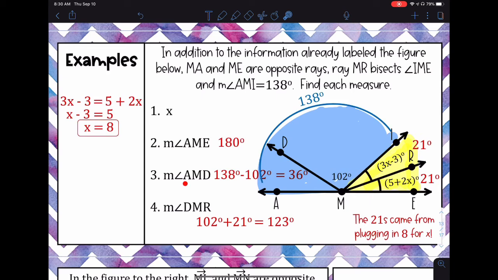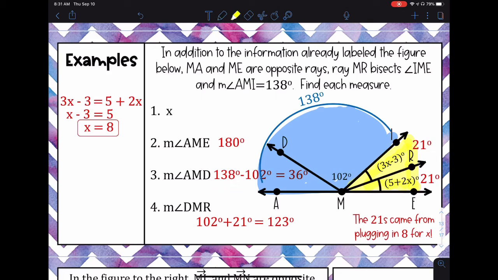What is the measure of angle AMD? Well, you're going to take 138 degrees, everything in blue, because we're trying to find AMD. Look at something you do know, which is the total, all in blue. Remember, they told you that's 138 degrees.